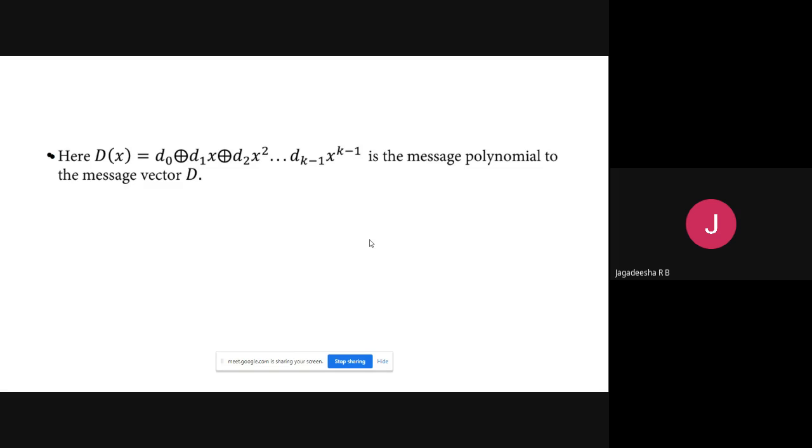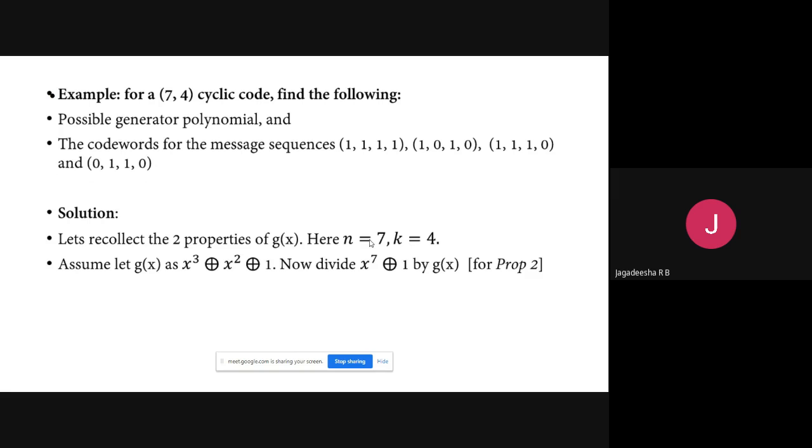In the next slide, we have an example right here. Example: for a 7, 4 cyclic code, find the following. What you have to find: possible generator polynomial.